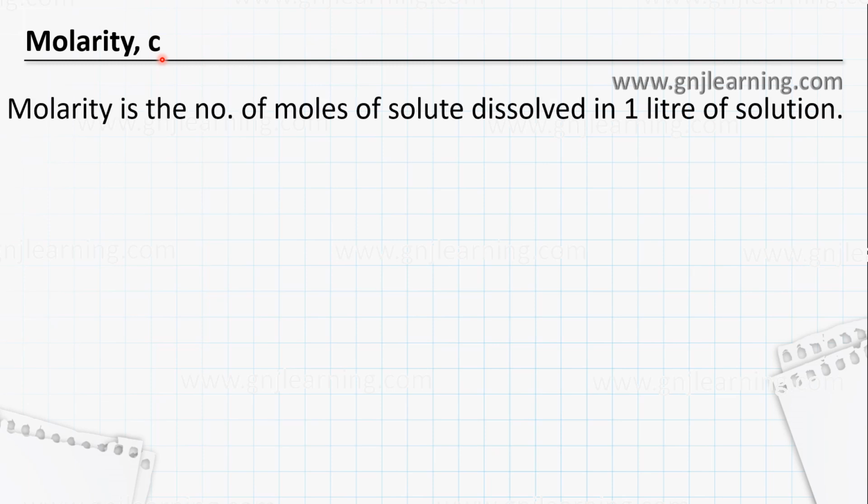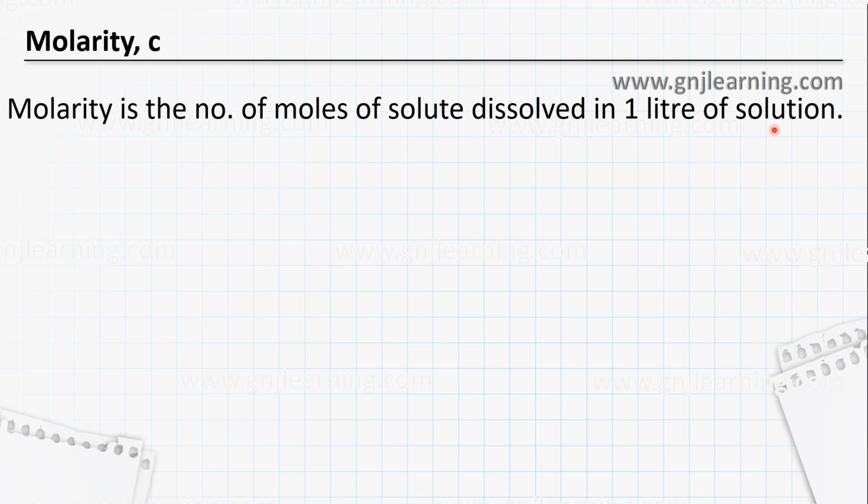Okay. So what is molarity? Molarity is the number of moles of solute dissolved in 1 liter of solution. So we have a solution, and what are the two components that we will have? We have solvent and solute. So if you're taking 1 liter of solution, how many moles of solute are present in that? That's what we call molarity.